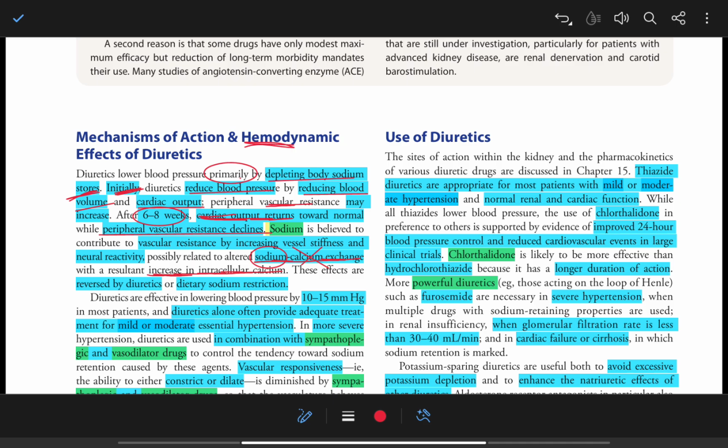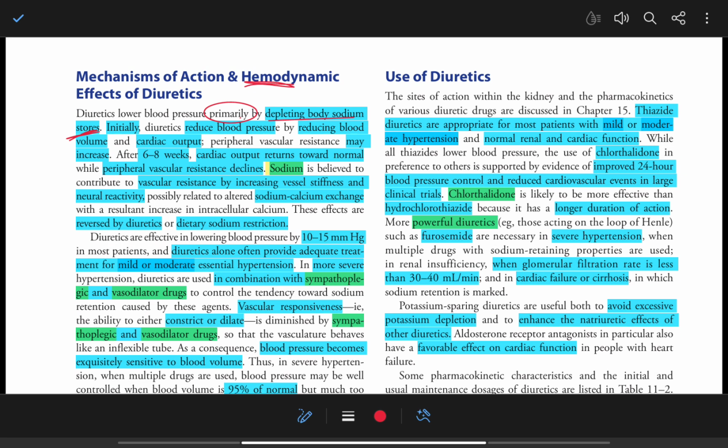And if you can decrease intracellular calcium, it means that contraction and the rest will be altered, will be stopped. So by so doing, it helps to reduce your peripheral vascular resistance. The main thing it does is to deplete body sodium. If you can deplete body sodium, it means that calcium entry into the cell will be altered. So that is the main mechanism of diuretics.